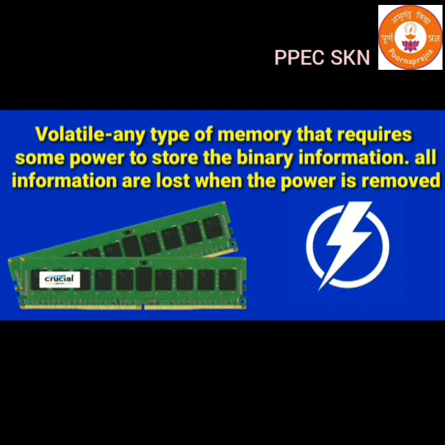Volatile memory. What is the word meaning of volatile? Any type of memory that requires some power to store the binary information is known as volatile memory. All information is lost when the power is removed. That means RAM is a volatile memory.